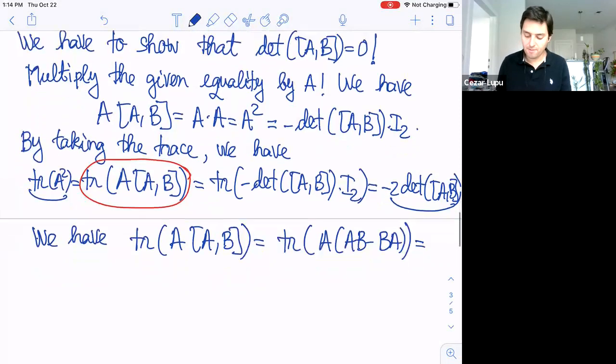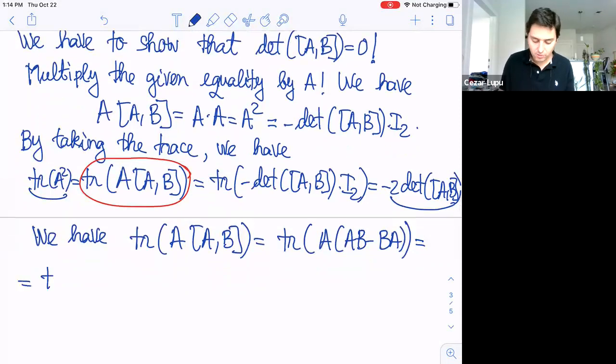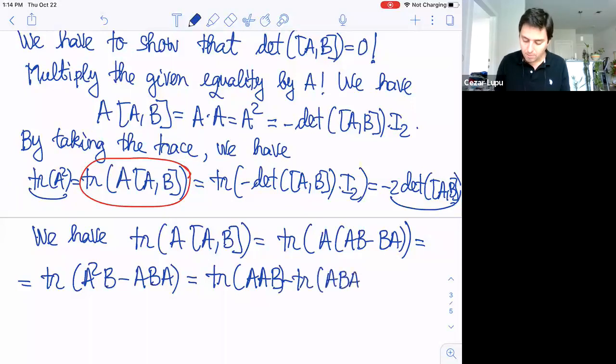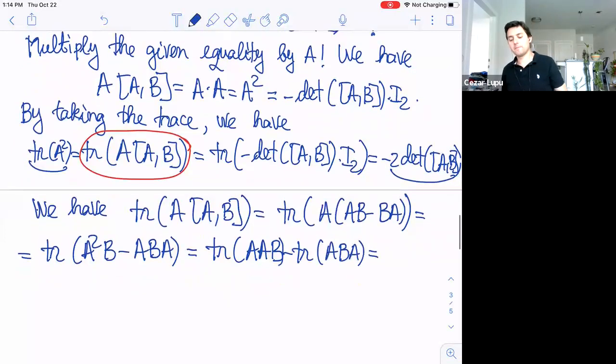Multiplying, this is the trace of A squared B minus ABA, which is the trace of AAB minus the trace of ABA. But this will be equal to what? Can you tell me?